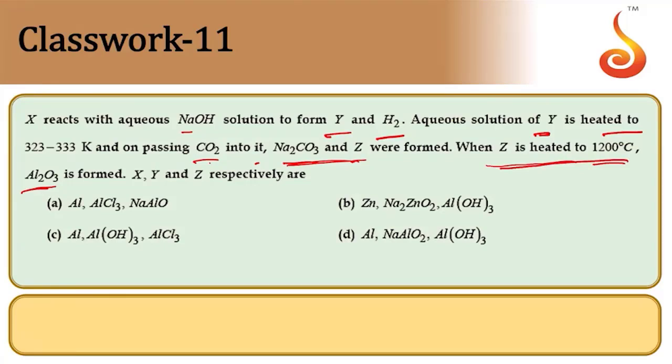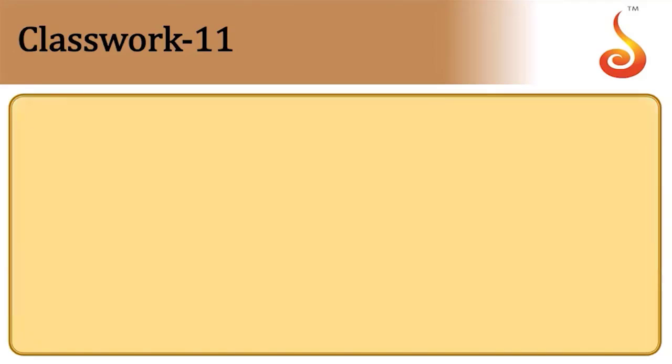Therefore, Z must be aluminum hydroxide. So the compound must be aluminum, and it must dissolve in aqueous NaOH. So we know that aluminum dissolves in aqueous NaOH, and finally it should give aluminum hydroxide. Let us see the reactions now. Aluminum dissolves in NaOH.